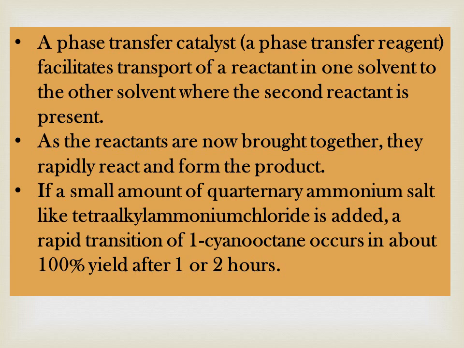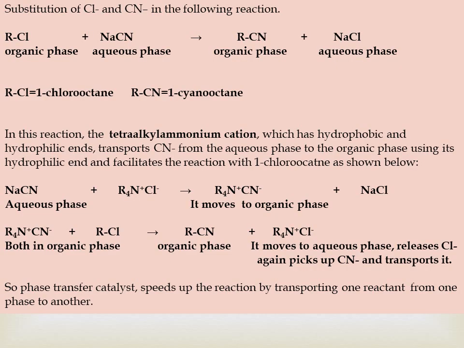So this is helping in the rapid transition of 1-cyanooctane, which occurs in about 100% yield after 1 or 2 hours. So the reaction which we have discussed earlier, that means alkyl chloride reacts with sodium cyanide, to form alkyl cyanide, is facilitated by adding a pinch of quaternary ammonium salt, that is tetraalkyl ammonium chloride.